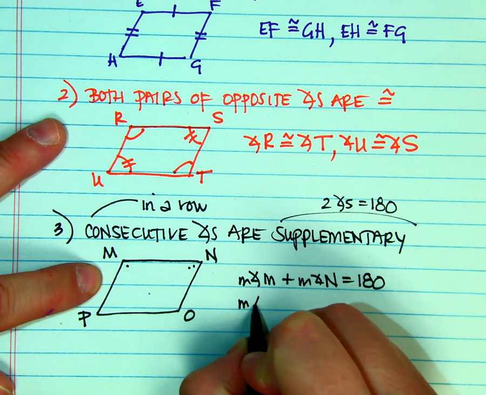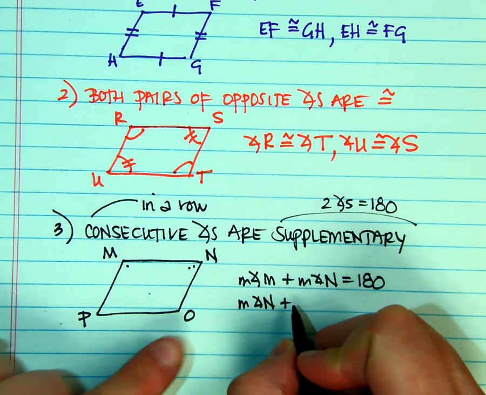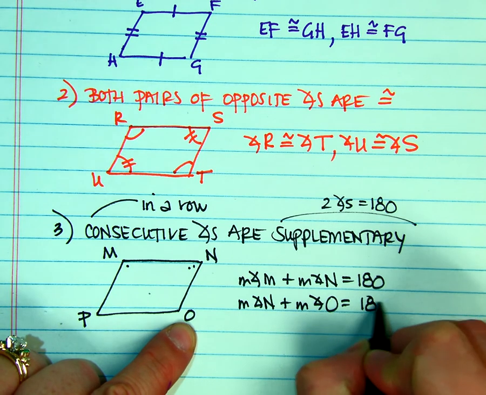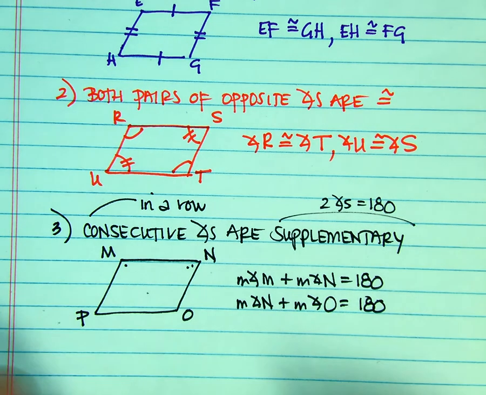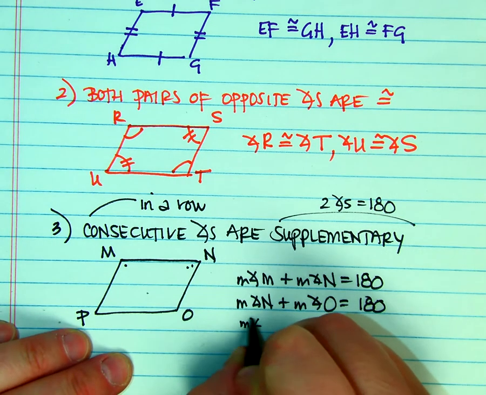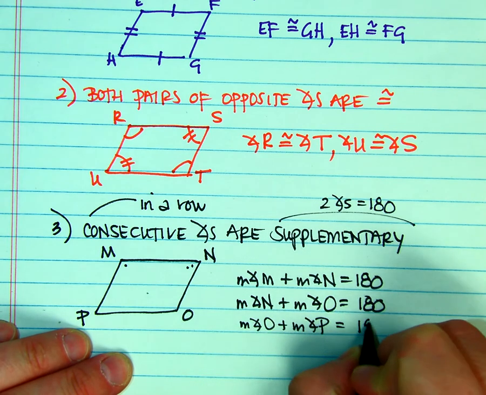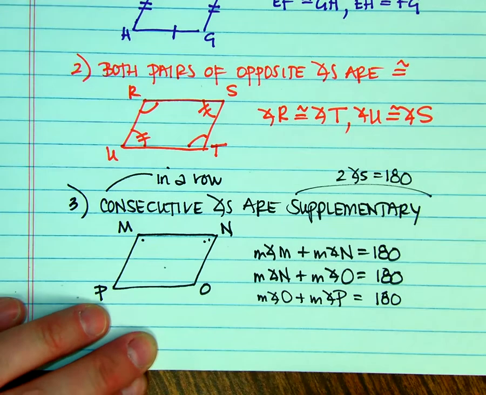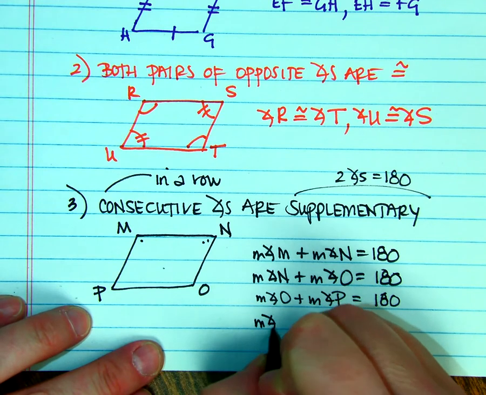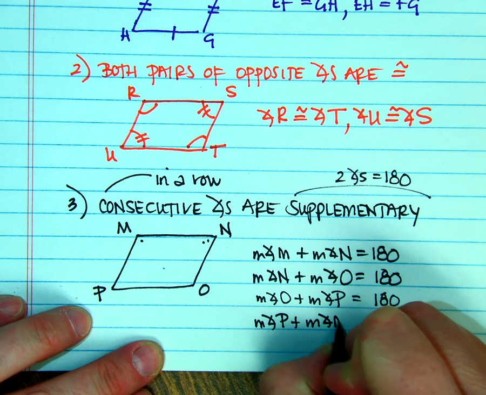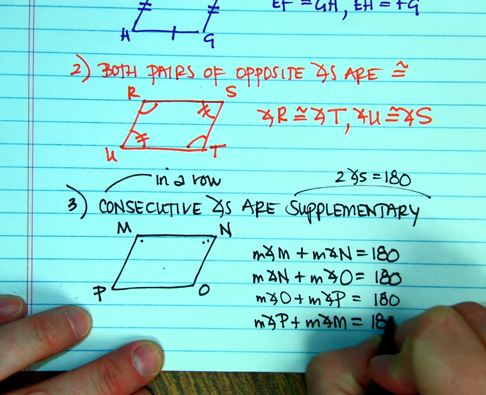I know that the measure of angle N plus the measure of angle O has to equal 180 degrees. And the measure of angle O plus the measure of angle P equals 180 degrees. And finally, the measure of angle P plus the measure of angle M would equal 180 degrees.